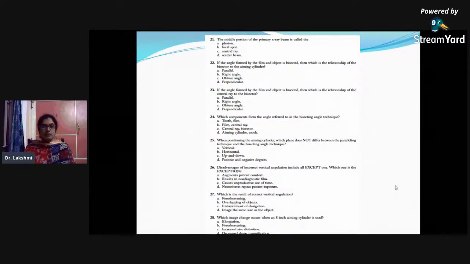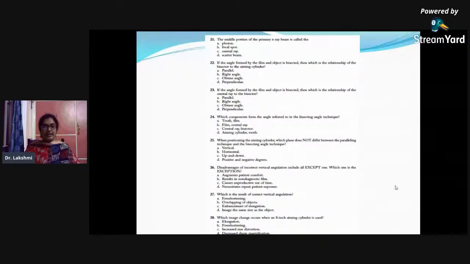25th question. When positioning the aiming cylinder, which plane does not differ between the paralleling technique and the bisecting angle technique? Option is B. Horizontal plane is not different in both. They are the same. So 26th.